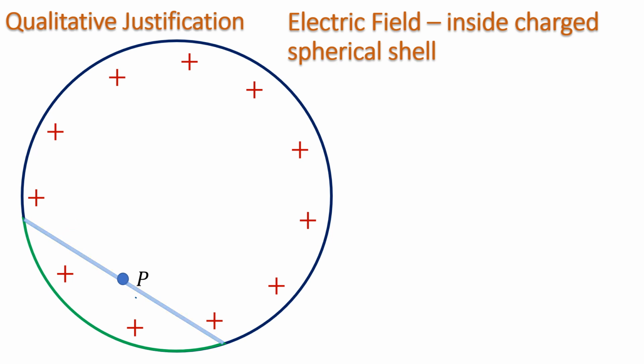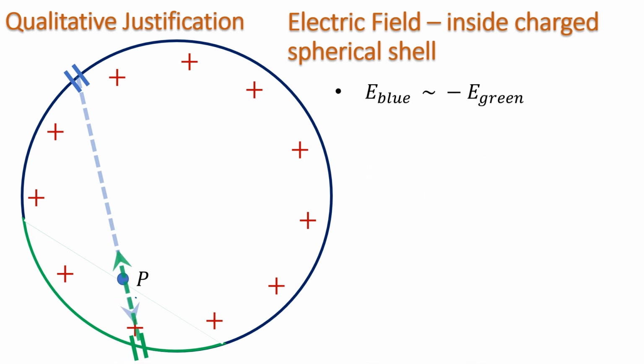We can assume the charged spherical shell to be made up of many tiny point charges. We see that every point from the blue region has a corresponding point in the green region which will have an electric field in the opposite direction.